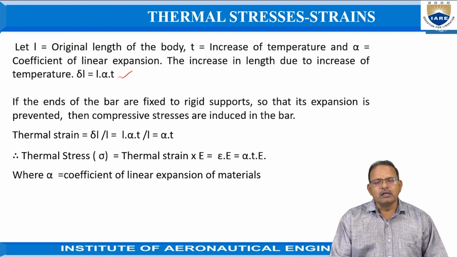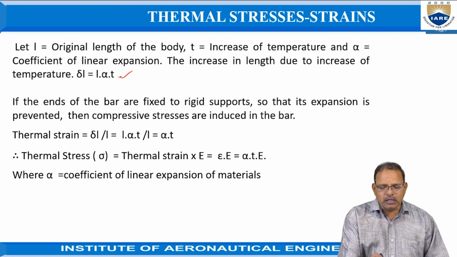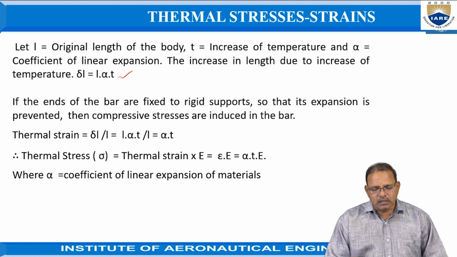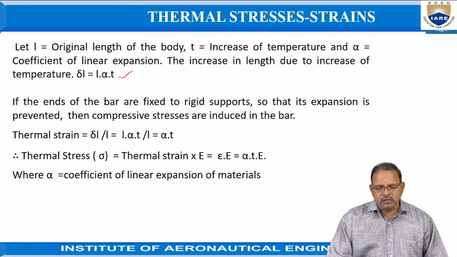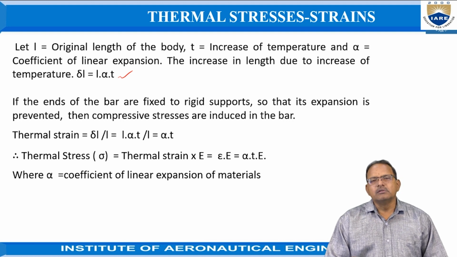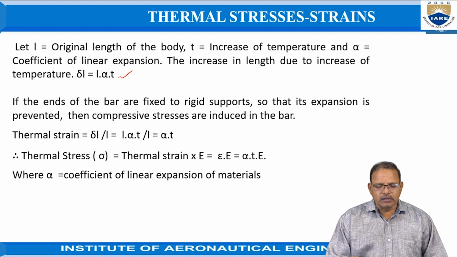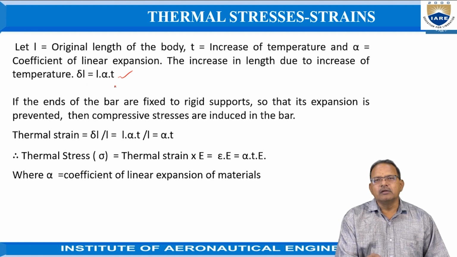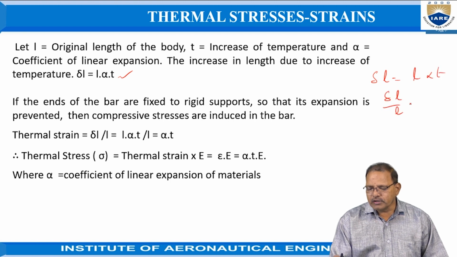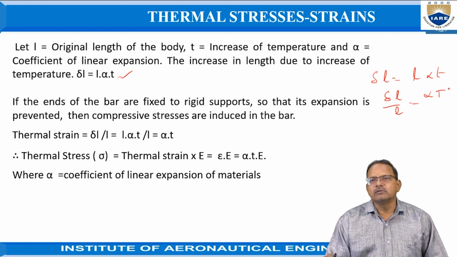According to the equation, delta L is the increase in length when the temperature increases to T, that is delta L is equal to L alpha T. So delta L by L is equal to alpha into T, where delta L by L is the change in length relative to the original length.